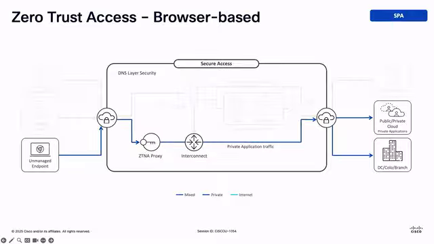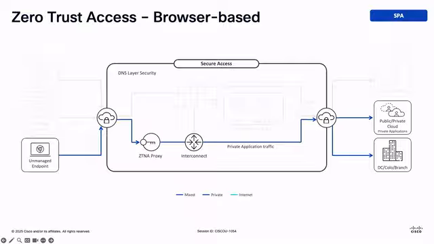We have another use case. We have what we call a browser-based Zero Trust Access. This is for users such as contractors that need access to private applications. However, you don't have the privilege to install this Cisco Secure software on their device.